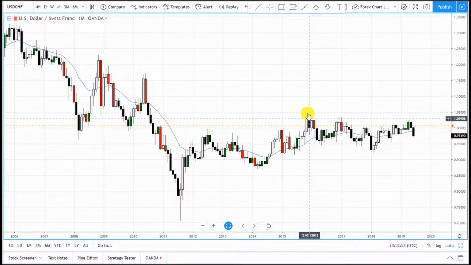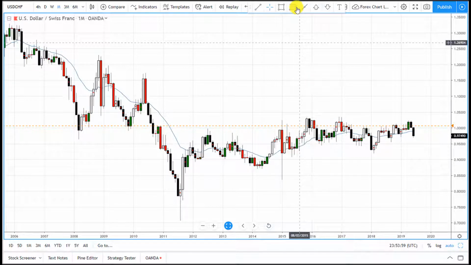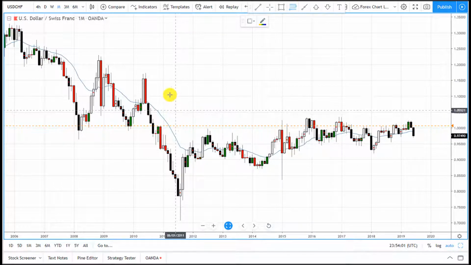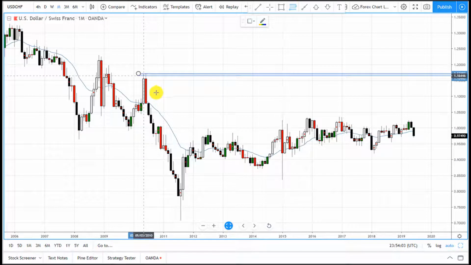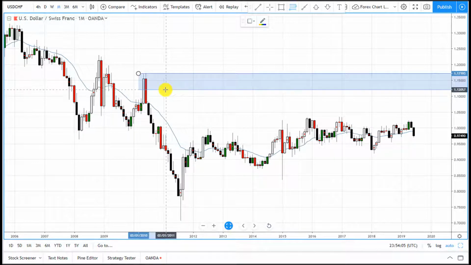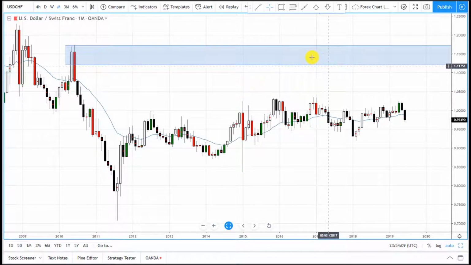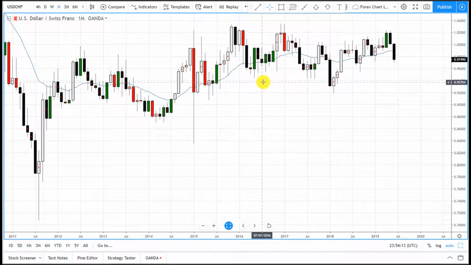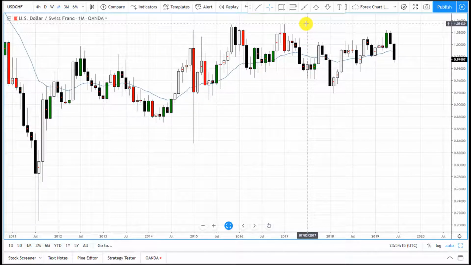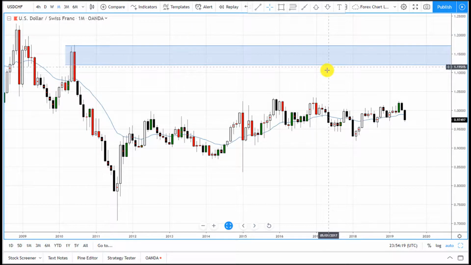And then it created this zone here as supply, and this zone has been holding. So we have this zone that's pretty wide. We want to draw like this, but it's going to take a very long time before this zone can be reached, so that's why I tend to ignore it and take a look at these other zones that are still further out.